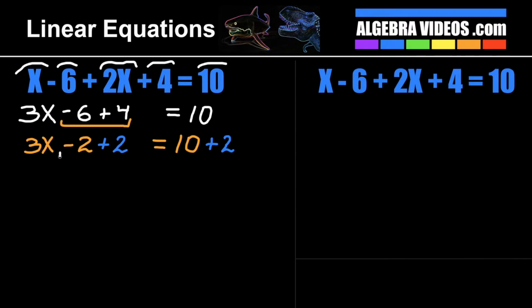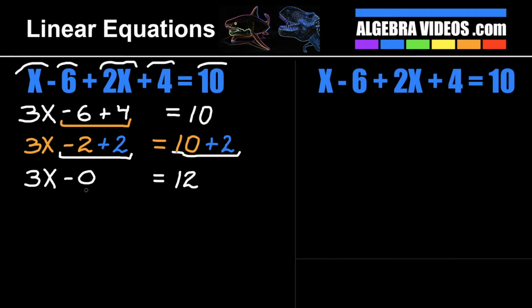So this minus 2 plus 2 is going to simplify to 0. Let's rewrite the equation down here. 3x. And then minus 2 plus 2 simplifies to 0, so I can just say minus 0. And that equals, on the right side, 10 plus 2. That's this term right here. 10 plus 2 is 12.